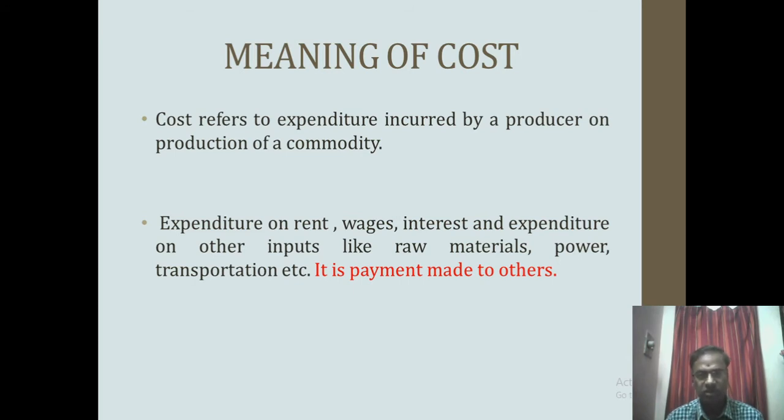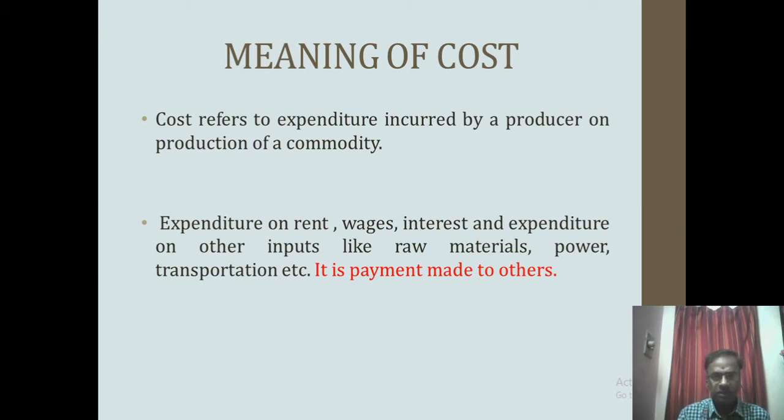That is explicit cost. He hired laborers, for them he has to pay wages. That is explicit cost. The producer borrows capital, for that he has to pay interest. That is explicit cost. He buys raw materials, for that he has to pay. That is explicit cost.